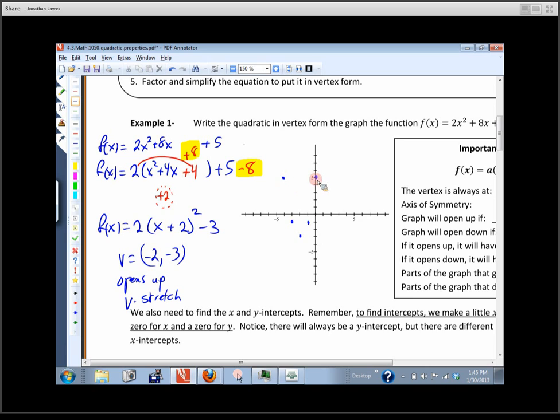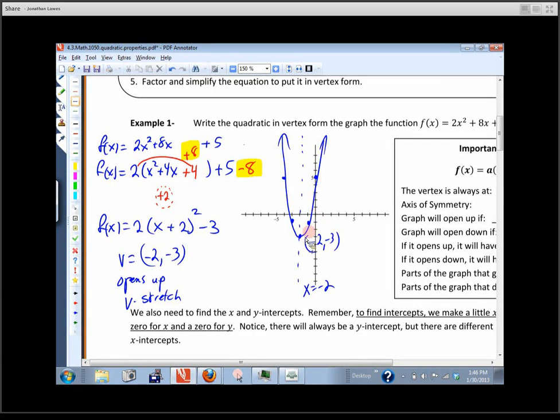And the reason I know this is the same thing over here is because I have an axis of symmetry. So if the vertex is at -2, -3, what's the axis of symmetry? X equals -2. Okay, and I've got these 5 key points on the parabola. If you graph this much, nobody's going to question whether or not you know what you're doing. You clearly know what you're doing.